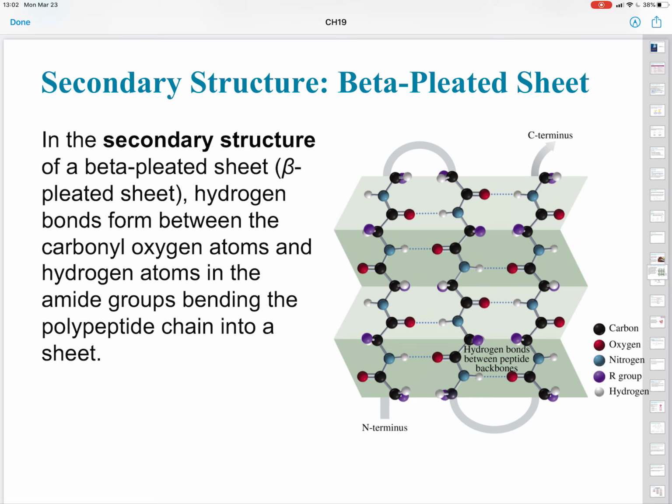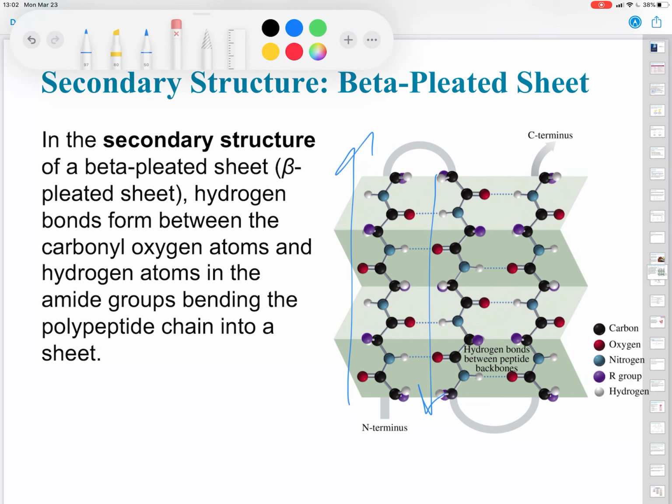In this one, these are anti-parallel, because this chain's going this way, this chain's going that way, as far as being read from N to C. There are situations where both are pointing this way, and those would be parallel versus anti-parallel. Anyways, that's going beyond what I meant to talk about.